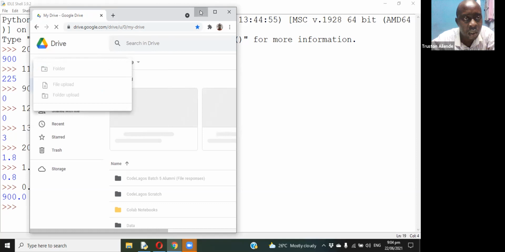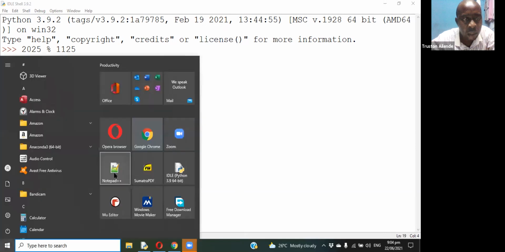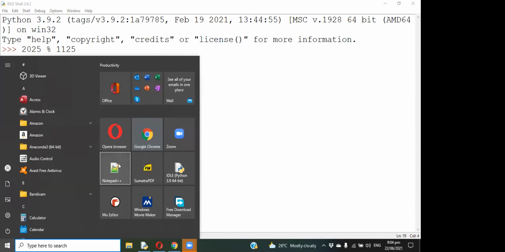This thing is not loading. But if you have a spreadsheet, let me see if I can get Notepad. Don't you have Excel?